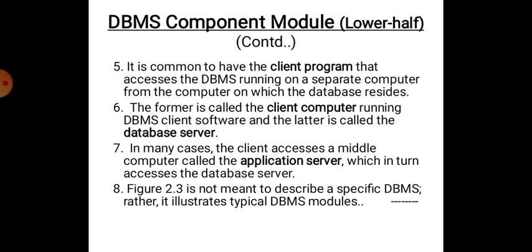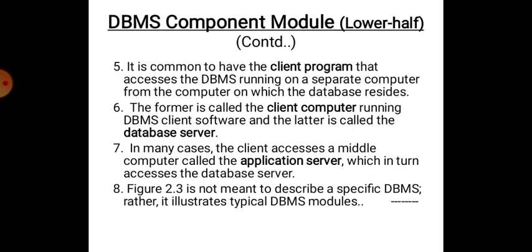Point number 5. It is common to have a client program that accesses the DBMS running on a separate computer from the computer on which the database resides. Point number 6. The former is called the client computer running DBMS client software, and the latter is called the database server.